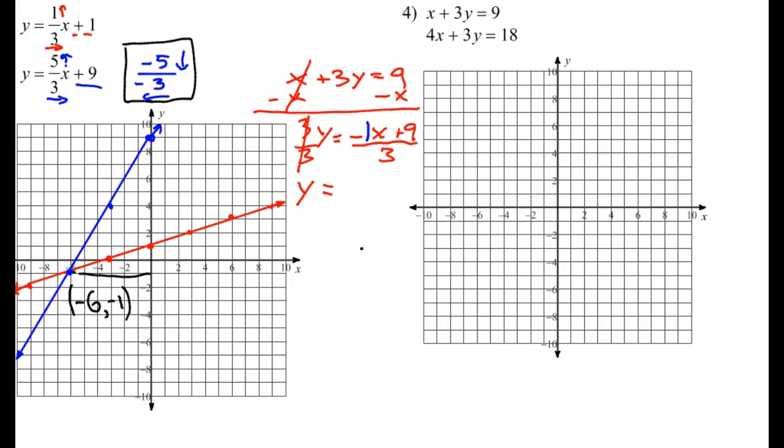There's a -1 in front of the x, so write it as -1/3 x. And then 9 divided by 3 is +3.